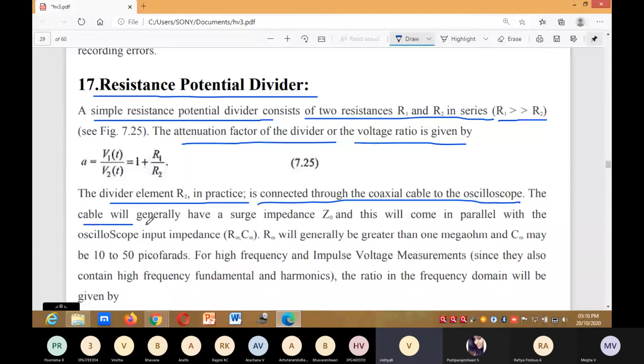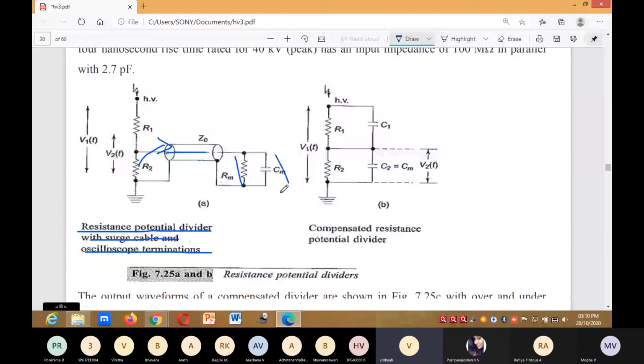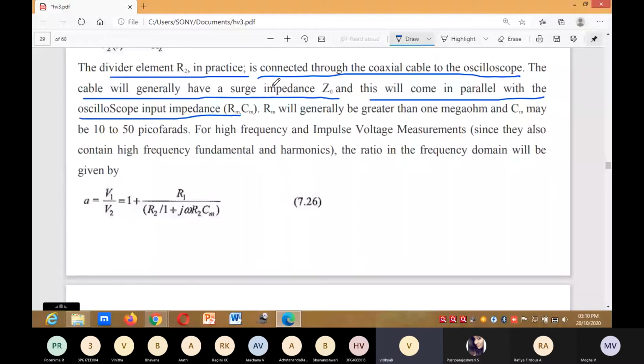The cable will generally have a surge impedance, that is Z0, and this will come in parallel with the oscilloscope input impedance, that is Rm Cm.